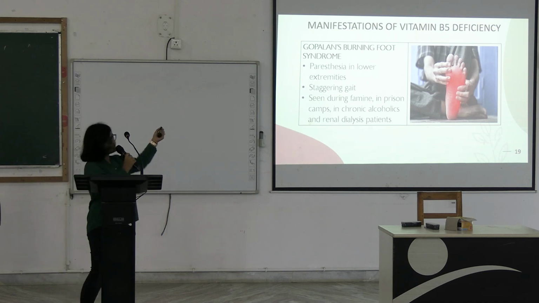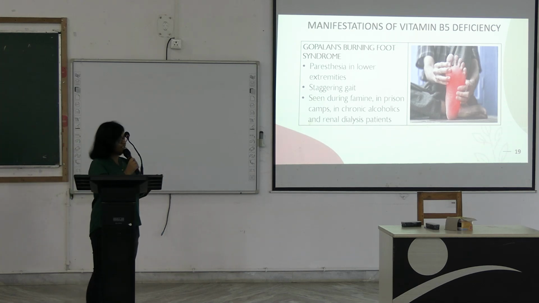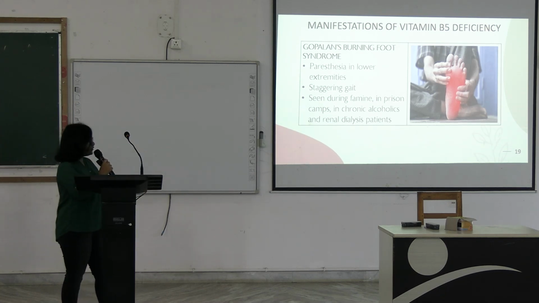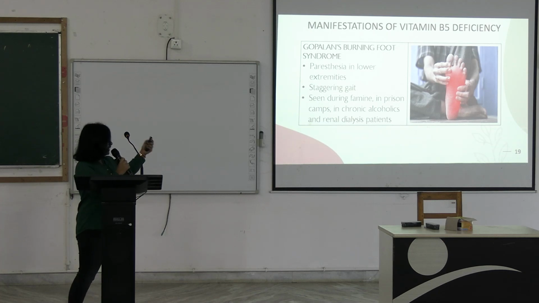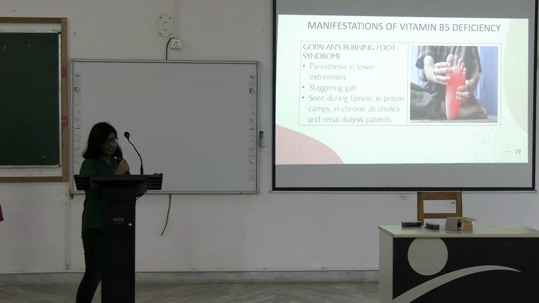Here, paresthesia in the lower extremities is observed. What is paresthesia? It is a burning, tingling sensation, especially in the feet region. It is accompanied by staggering gait. Also, it is seen more during famine, in prison camps, in chronic alcoholics, and in renal dialysis patients.